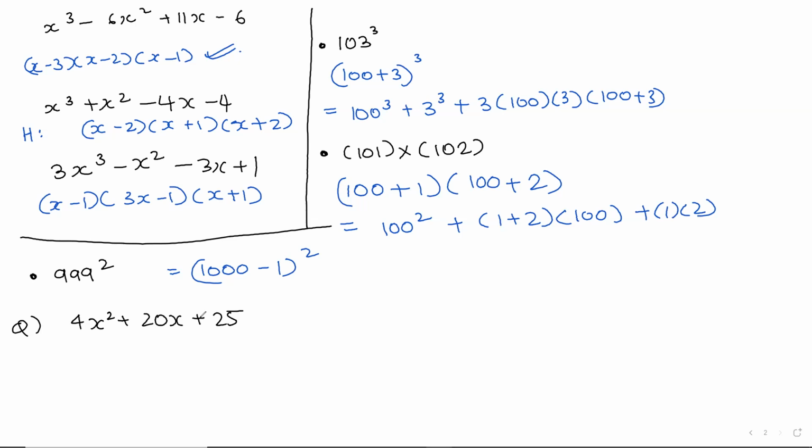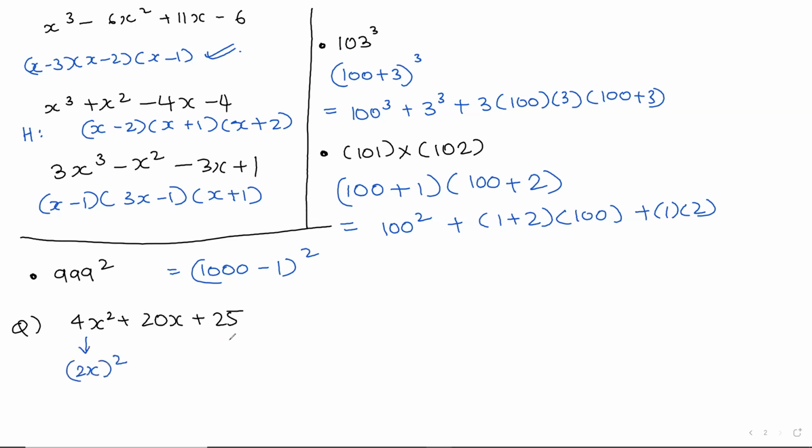Ma'am, a plus b whole square. And how did we figure out that it is a plus b whole square? Ma'am, because 4x square is a square of 2x and 25 is a square of 5.